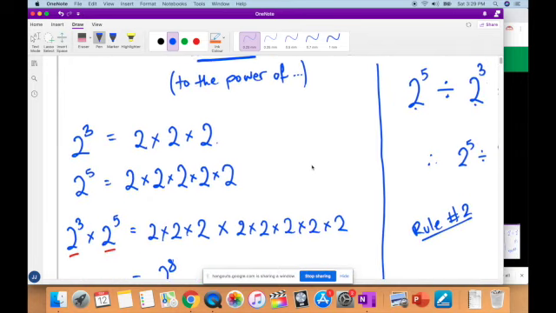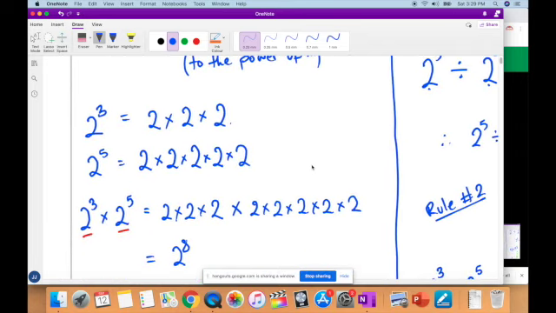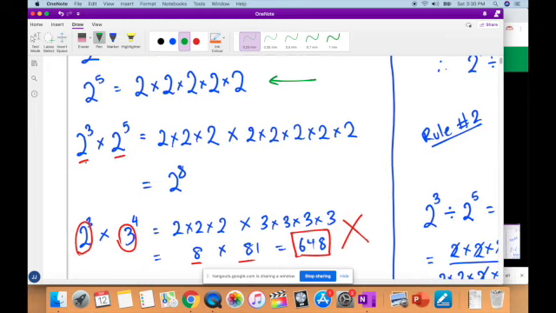So what we were actually saying is that 2 to the power of 3 means you're multiplying 2 by itself 3 times. Same thing with 2 to the power of 5. So what happens if you multiply 2 to the power of 3 by 2 to the power of 5?